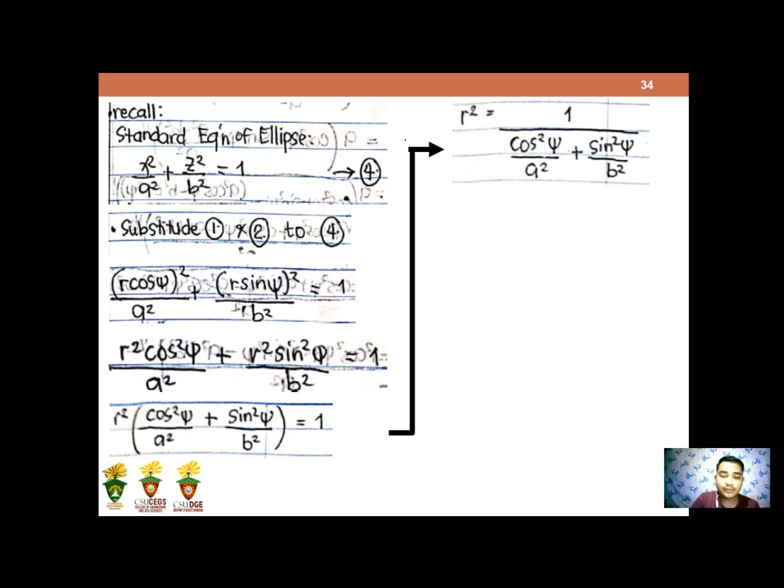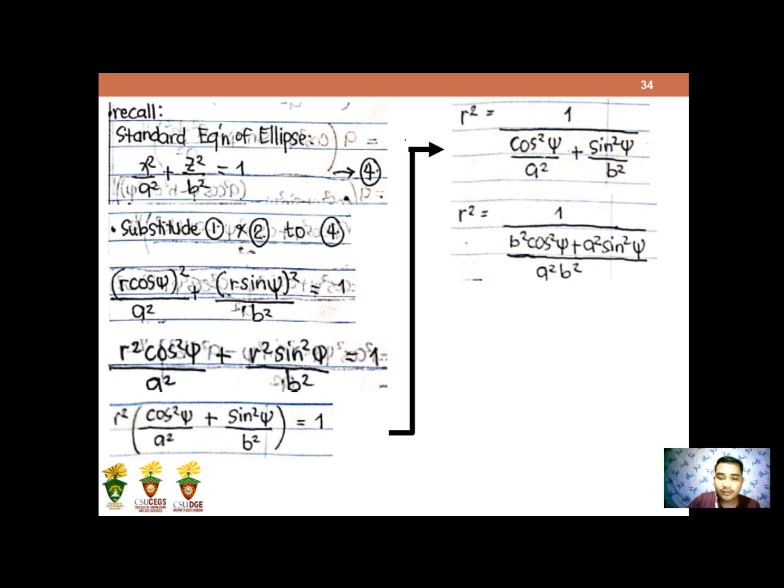Then we are going to solve in terms of r. So only r should remain on the left, and we move the other terms to the right side. We transpose it. Therefore r squared is equal to 1 over cosine squared geocentric latitude over a squared plus sine squared geocentric latitude over b squared.